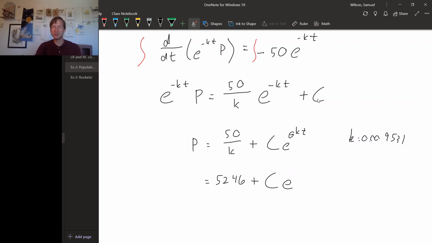When we multiply everything by e to the kt, this is a plus. So plus k, which is 0.009531. So there's our population function.